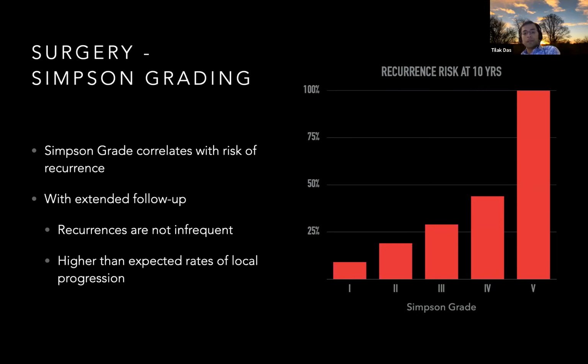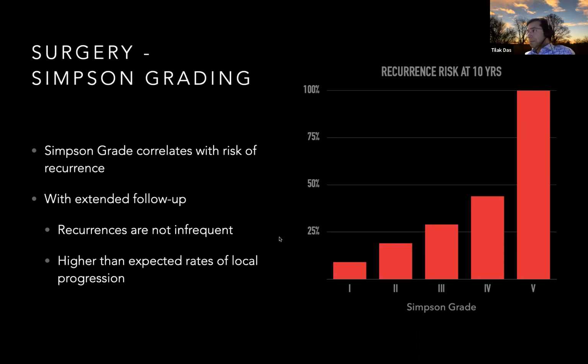So we talked about one of the prognostic factors being the extent of resection, and that comes from this work with the Simpson grading. So Simpson was a surgeon, and he looked at the correlation between the rate of recurrence and the extent of surgery. And most surgeons will note the Simpson grade at the time of operation, so that when it comes back to MDT afterwards, they can make a reasonable decision as to how to manage next.